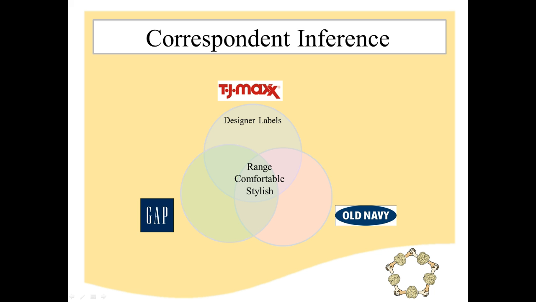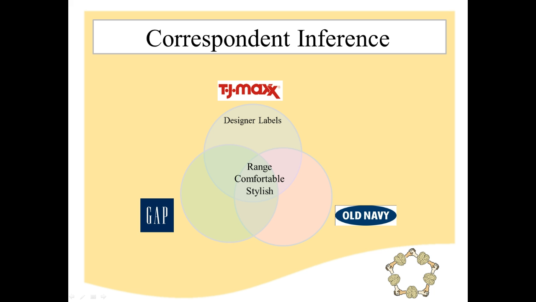So the non-common effect is the fact that TJ Maxx is the unique situation that only offers designer labels. So perhaps we're going to infer that the person who had the choice to shop at Gap, Old Navy, or TJ Maxx is someone who is swayed by wearing designer label clothes, not going for generic labels at Gap and Old Navy.